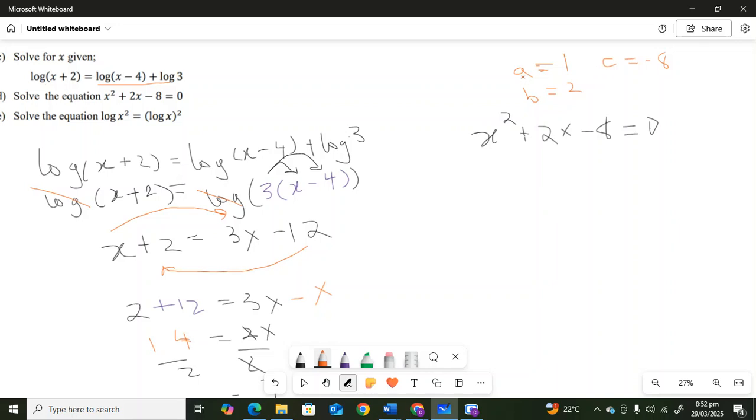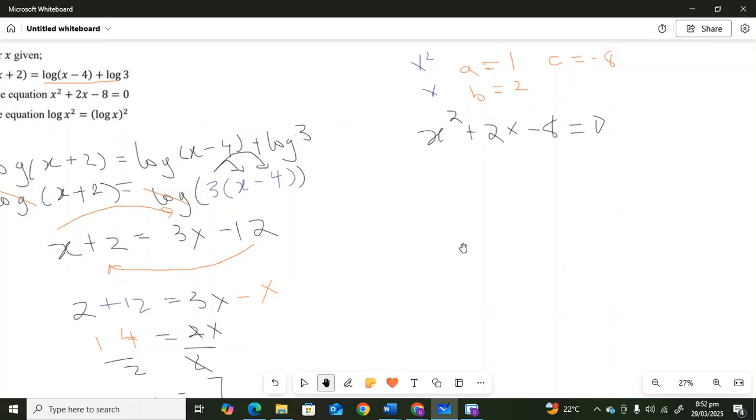Okay. A is the coefficient of x squared. B is the coefficient of x. And C is just this number without any letter, the constant. Okay. Now, if you're already comfortable with quadratic equations, you don't really need to go through these steps, label a and whatever.